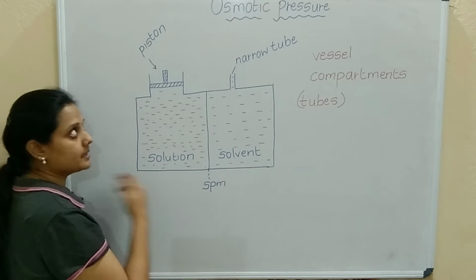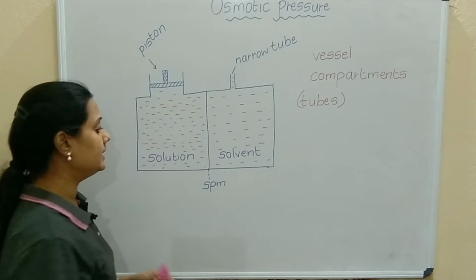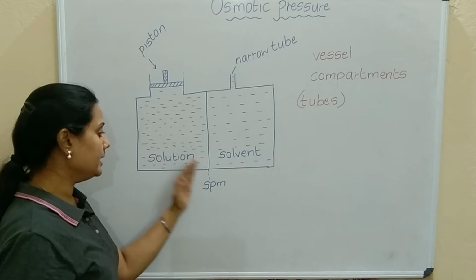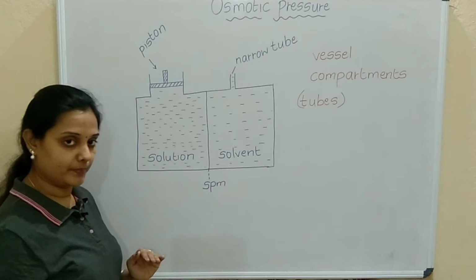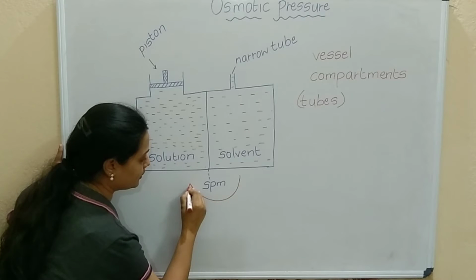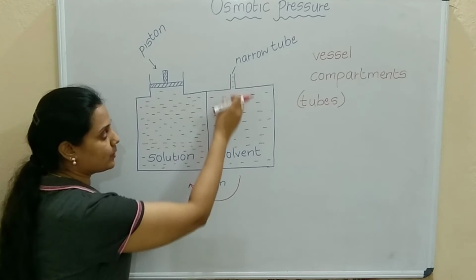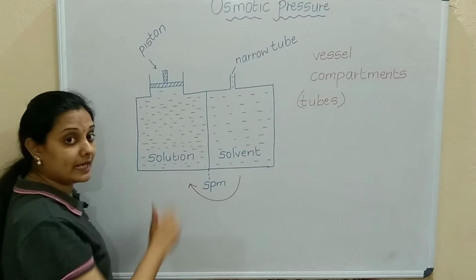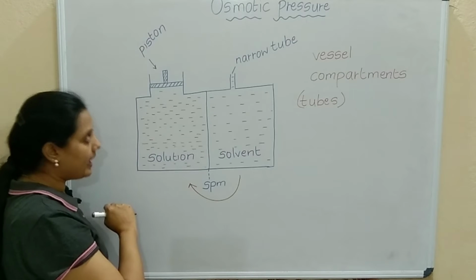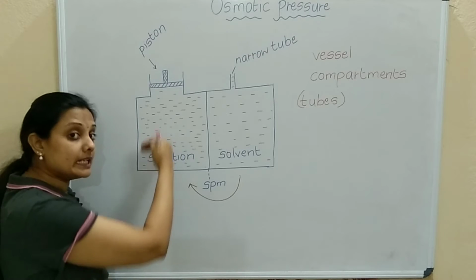As the osmosis starts, the molecules of the solvent will pass through the semi-permeable membrane into the solution side, correct? Now imagine the molecules of solvent passing into the solution side. Okay. So what will happen in the narrow tube? The level of the solvent will decrease in the narrow tube and the level in the solution side will increase.